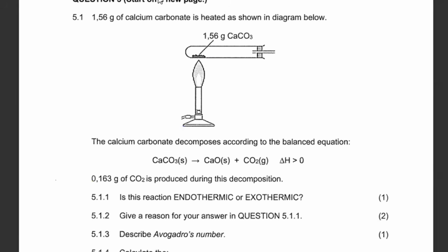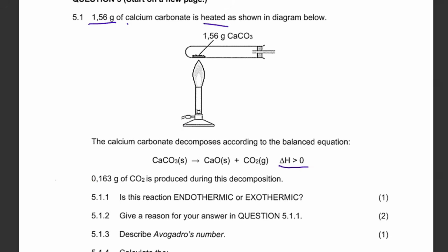The calcium carbonate decomposes according to the balanced equation: calcium carbonate, a solid, gives us calcium oxide, a solid, and carbon dioxide, a gas, with delta H greater than 0.